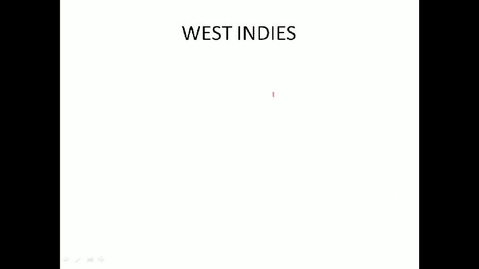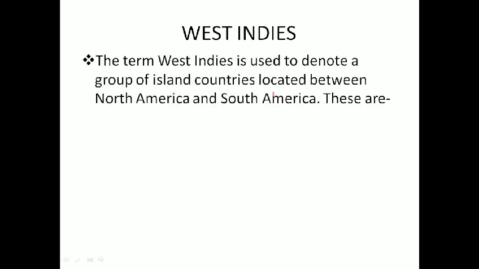Now, what countries are together called West Indies? Let us learn. West Indies is not a single country. It is a group of countries, or better to say, they have one cricket body. The term West Indies is used to denote a group of island countries located between North America and South America.